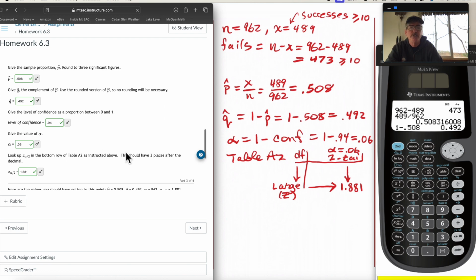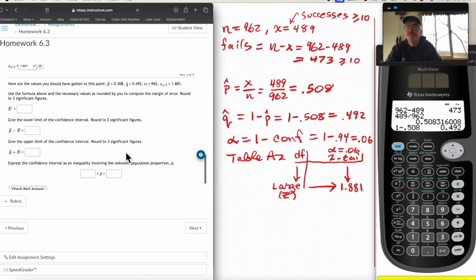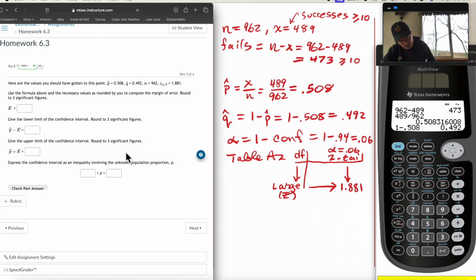Okay, now they're going to have us do our margin of error. So we can do this here. Here's the formula. Putting all the pieces together, z sub alpha over 2 times the square root of p hat q hat over n. Okay, so that's the 1.881 square root.